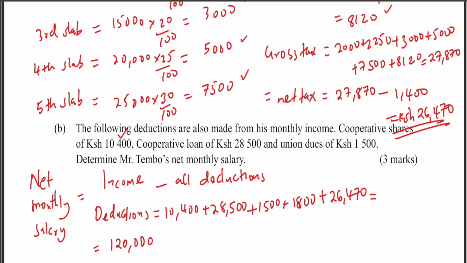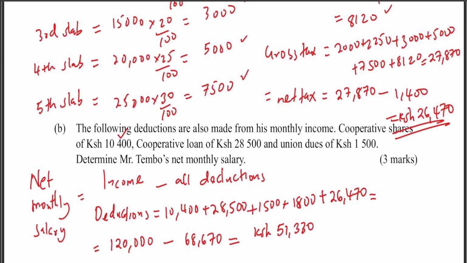You don't take the one which is taxed; you just take the whole income that he gets. 120,000 minus 68,670 should give you how much? The guy is supposed to get 120,000, but instead he gets only 51,000. That's ironical.